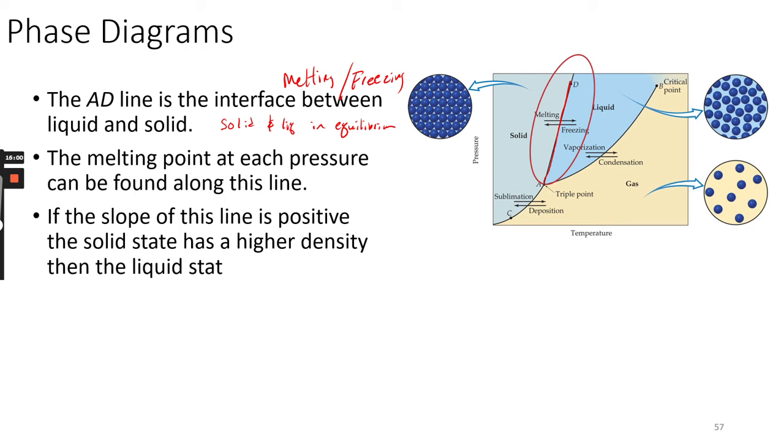And if you look at the slope here, the slope is positive. If you have a positive slope, that means that your solid has a higher density than your liquid state. Most substances have a positive slope, because think about it, most substances, the solid is more dense than the liquid.